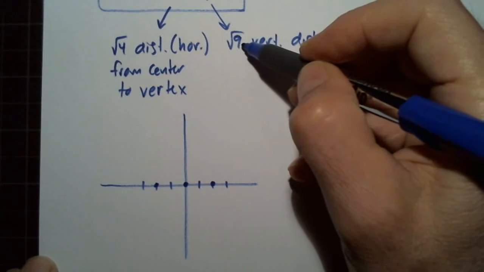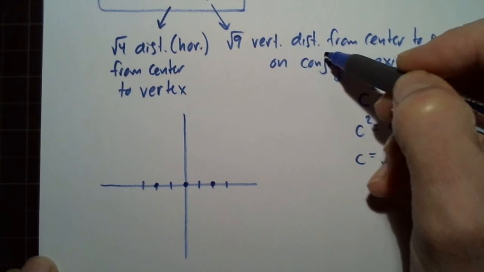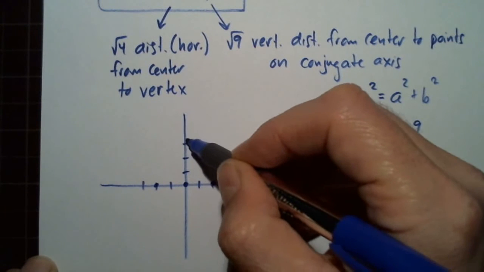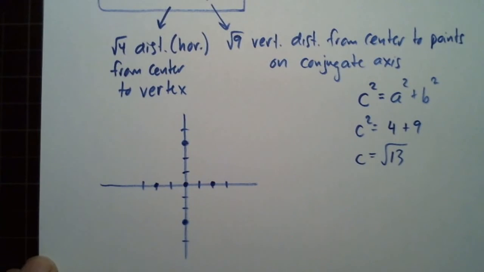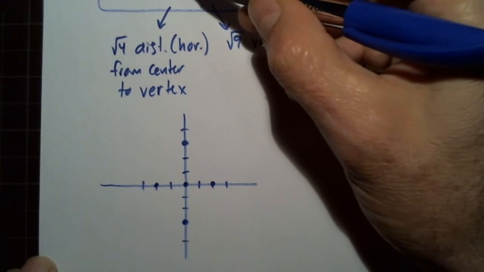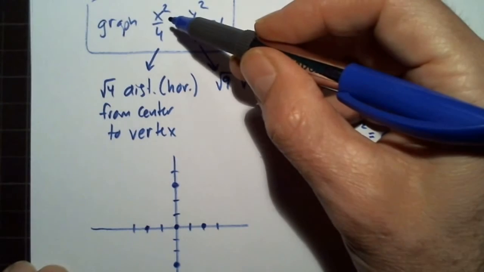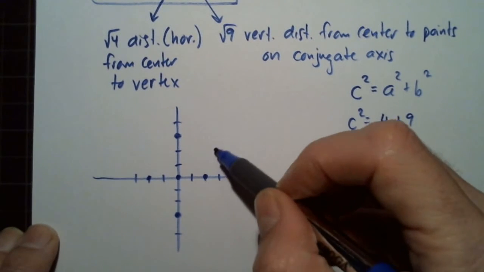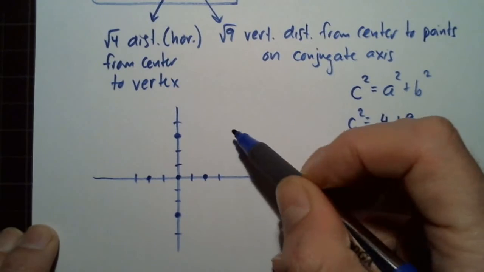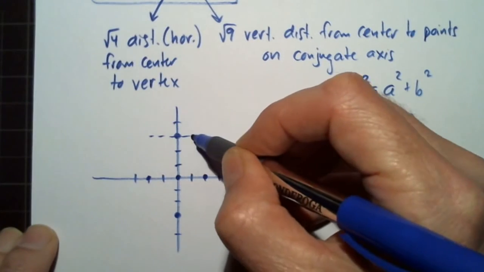Then we're going to move 3 vertically. Since the x is first, we know it's opening horizontally, and that means the graph is going to be opening like this.